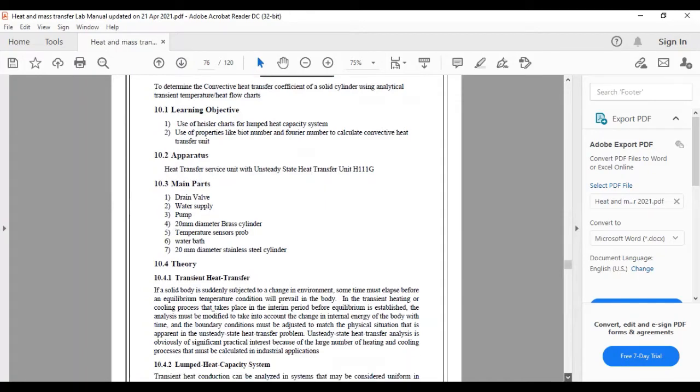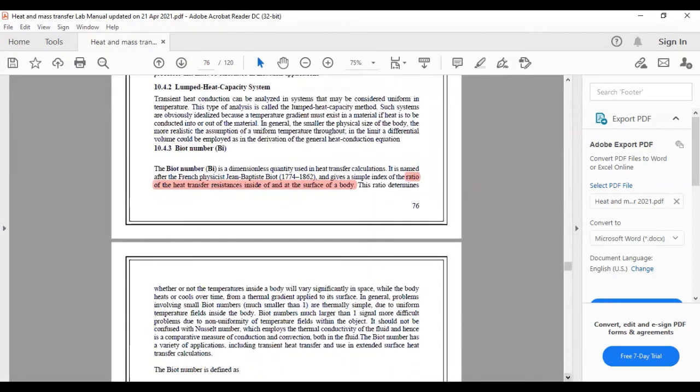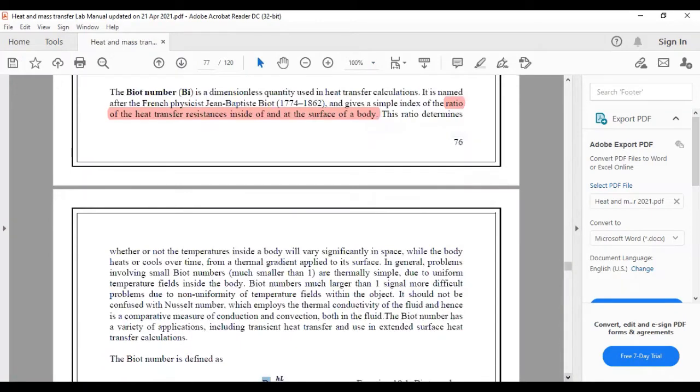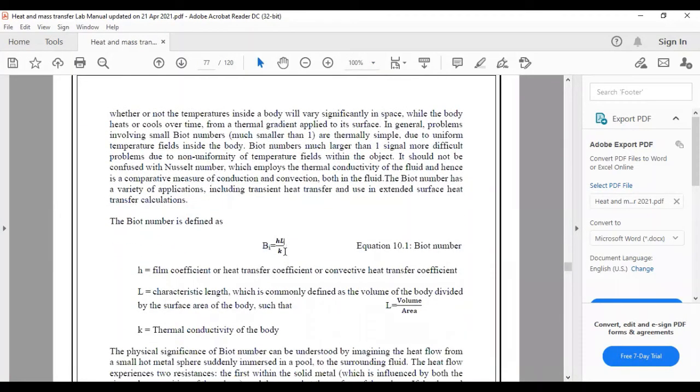Before going into detail, I would like to tell you some details. What is the Biot number? The Biot number is represented by Bi, and it is the ratio of convective heat transfer over conductive heat transfer. For example, if we insert a solid material like a cylinder into a liquid like water and transfer some amount of heat, then on the surface of the cylinder it is convective heat transfer, and inside the cylinder it is conductive heat transfer.